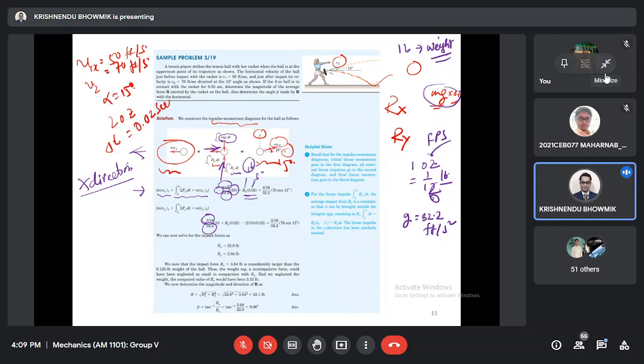We have converted ounce to pound, this 1 by 16, but still we have divided by g to make sure force is in pound. I will tell you once again. So it was mv, and it was Rx times t. We want this in pound second. Now this velocity will definitely be foot per second. Now mass we want.